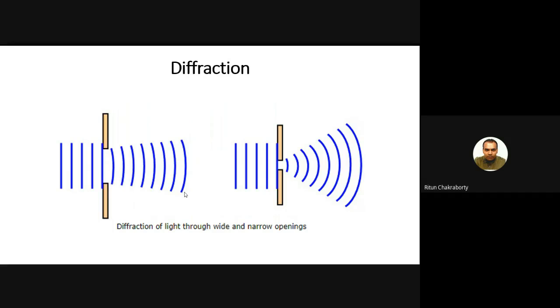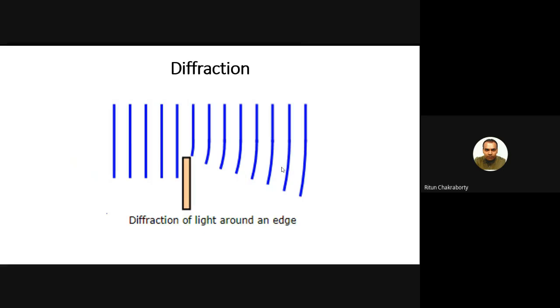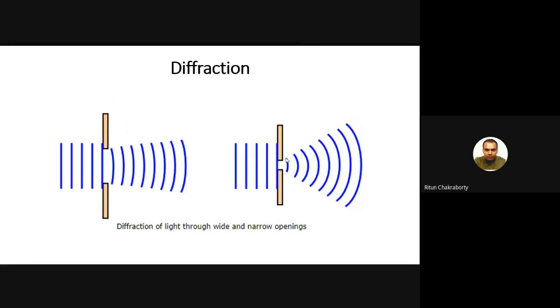But this scenario is completely changed when the opening is much narrower. This opening you can see here is much narrow. Narrow means this opening is of the order of the wavelength of light. Now what happens?